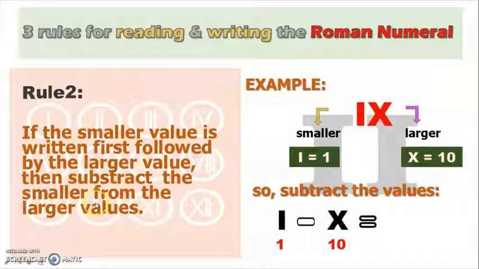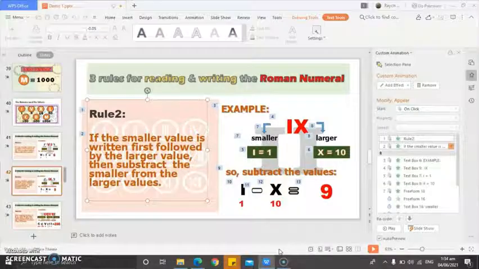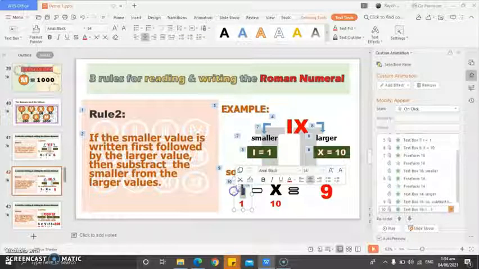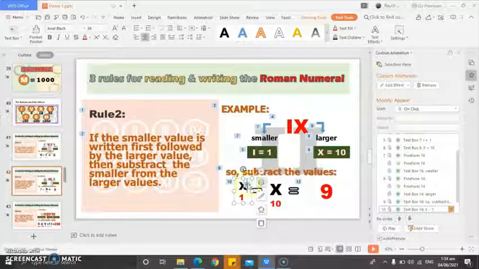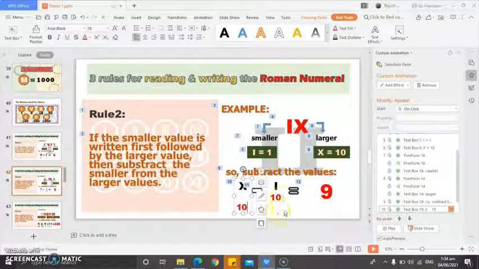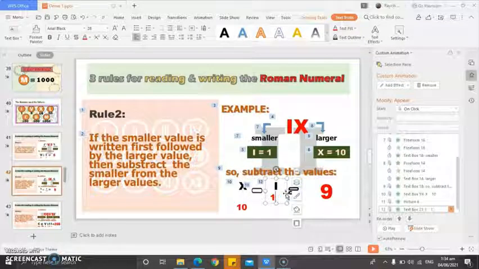The rule says to subtract the smaller from the larger, so 10 minus 1. You have to interchange this. So you subtract: X minus I, 10 minus 1.